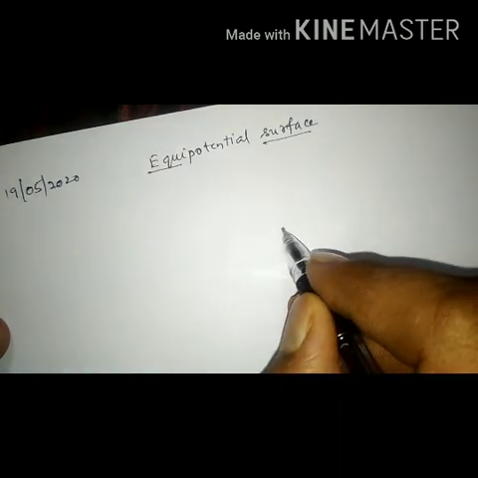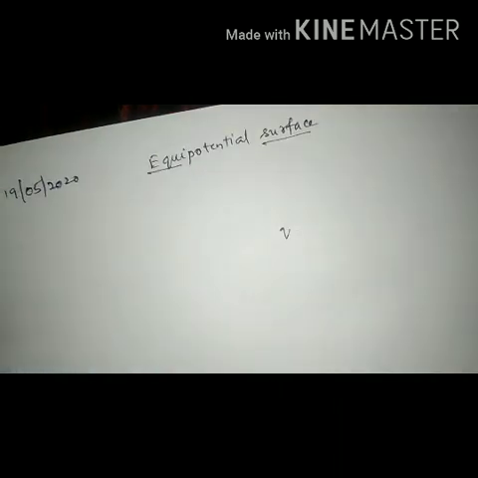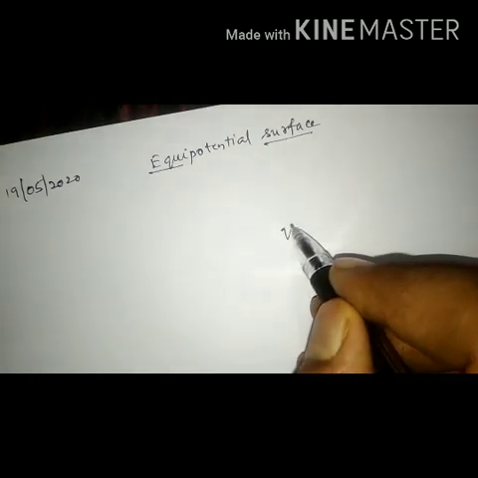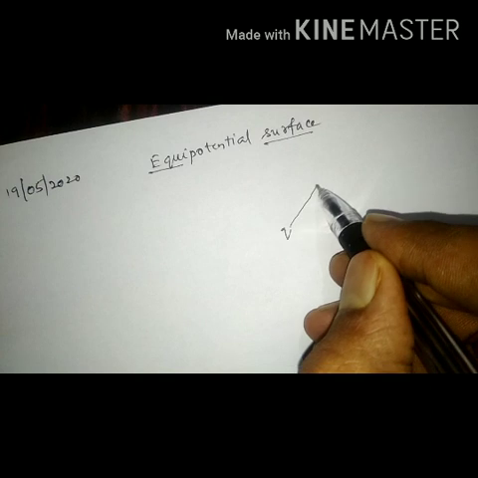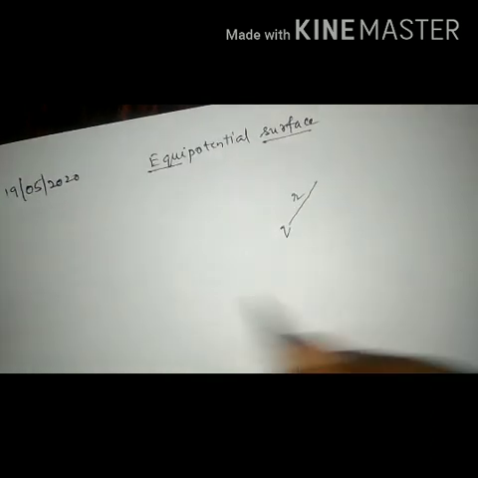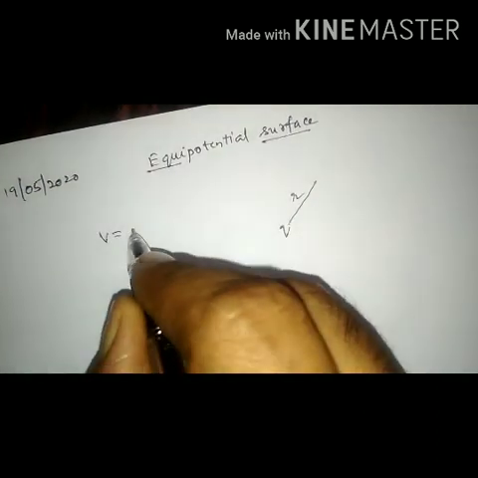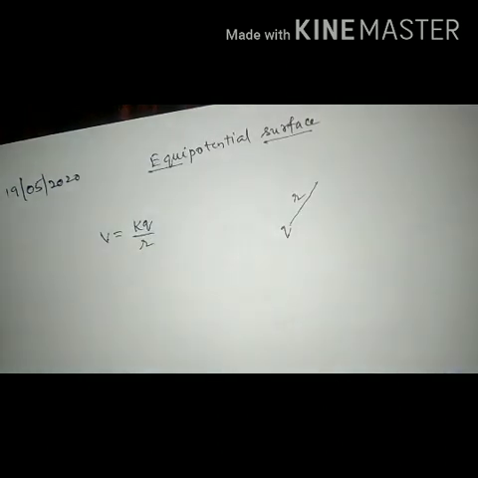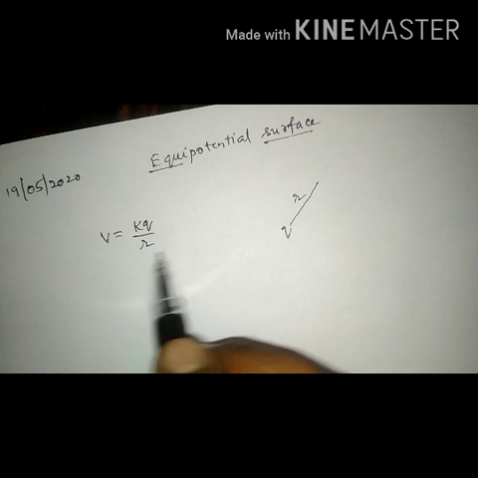So how can we see this meaning? You have to consider a charge, and the potential due to this charge at a point at a distance r is given by the formula V is equal to kq by r. This r will not say in which direction the point is.